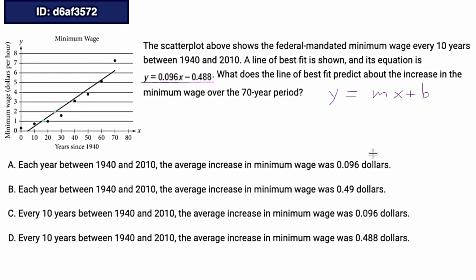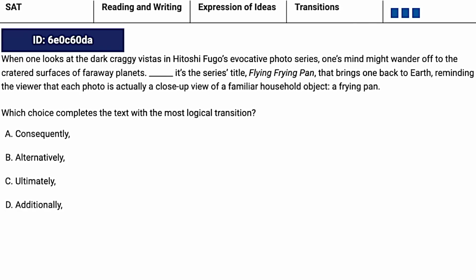So about $1 in 10 years, then for 1 year we would just move the decimal over one place, right? And we would get 0.096. So not only is that the constant rate of change that we were looking for, it also makes sense when we look at it visually. So we don't need to go any further. A is our answer.